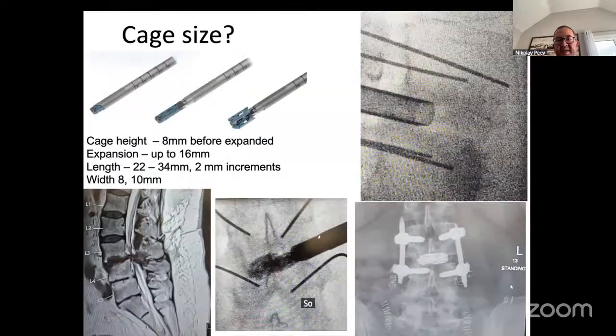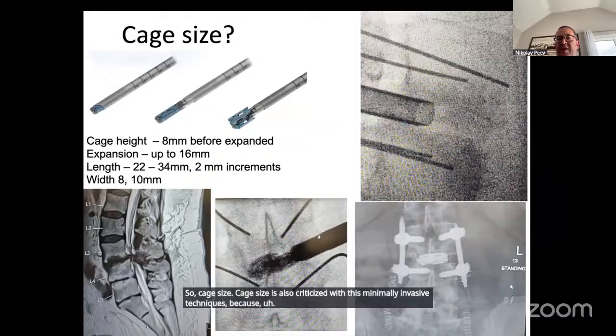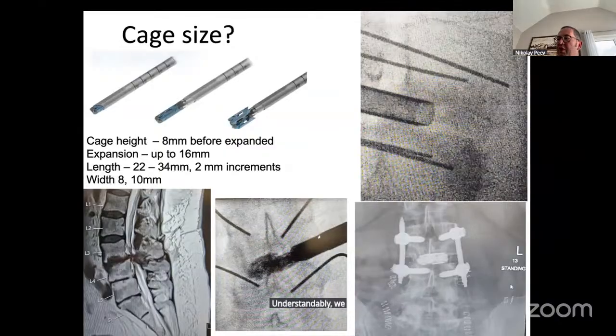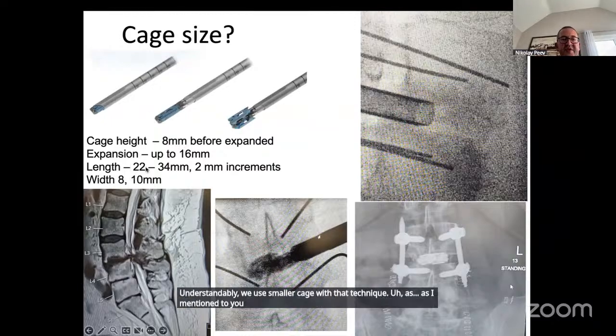So cage size is also criticized with these minimally invasive techniques, because understandably we use smaller cages with that technique. As I mentioned to you, the cages that I use at the minute are between 22 and 34 millimeters.